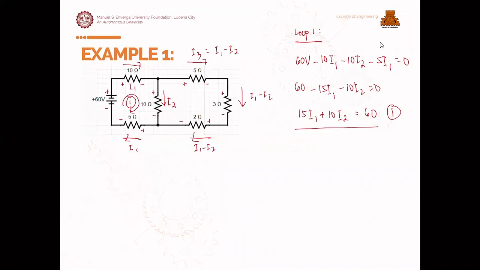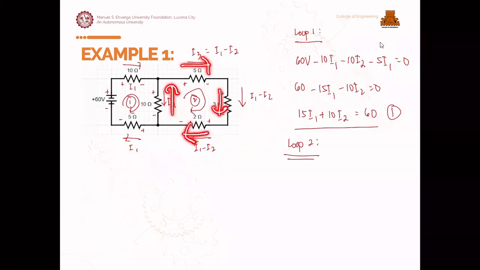Okay? Next, loop 2 tayo. Second loop. Same lang din, direction natin will be ganyan. So, dun sa sign ng resistor tayo magbe-base. Una sa left side, towards positive tayo, so we have 10 I2.